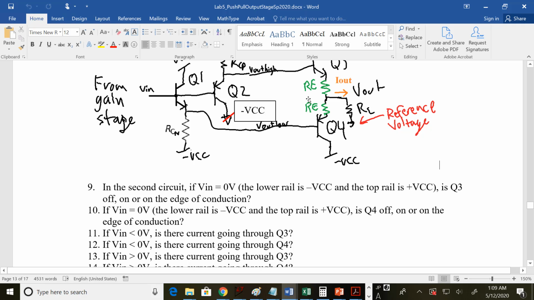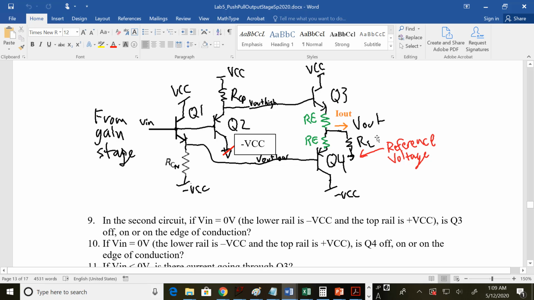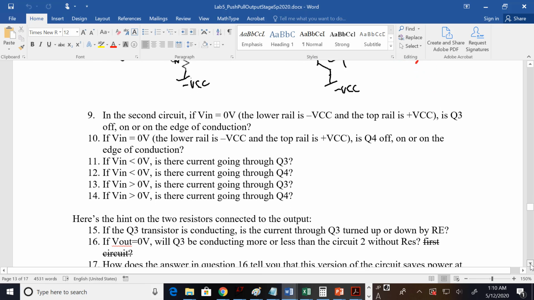So you've got the bottom common collector running. And if Vin's less than 0, Q3 is off, as I said. If Vin is a little bit greater than 0, now the common collector that includes Q3 will be on, but Q4 will be off now.